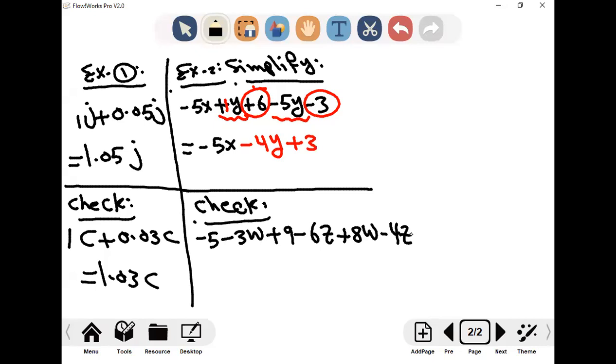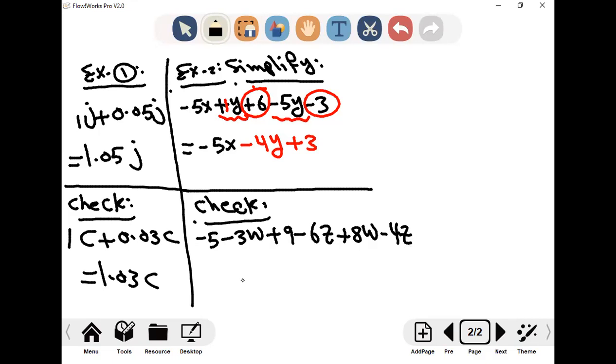First of all, how many terms do we have? 1, 2, 3, 4, 5, 6 terms. Let's search for the like terms. Negative 5 with whom? With the 9. The number with the number. Look at the board. Negative 5 with 9. Negative 3w with 8w, and negative 6z with negative 4z.